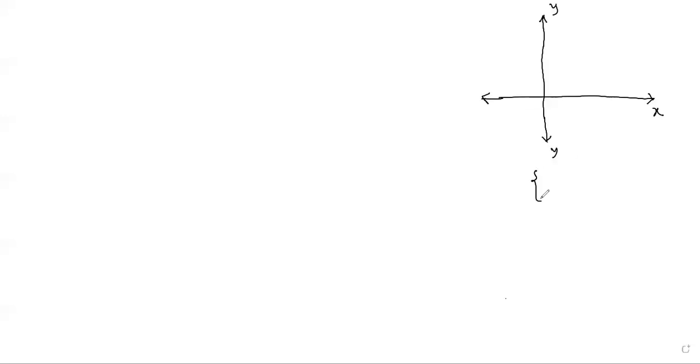So he considered two sets. One set was of the form (x, 0), where x is a real number, and another set that he considered was (0, y), that is, the elements present on the y-axis.